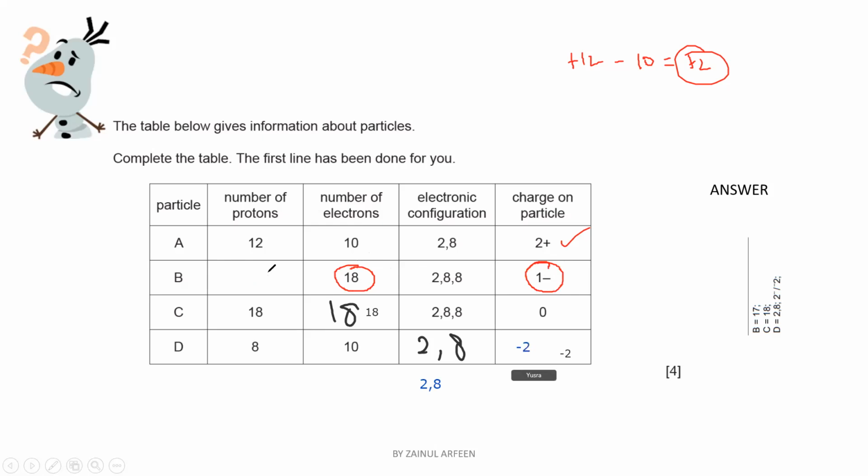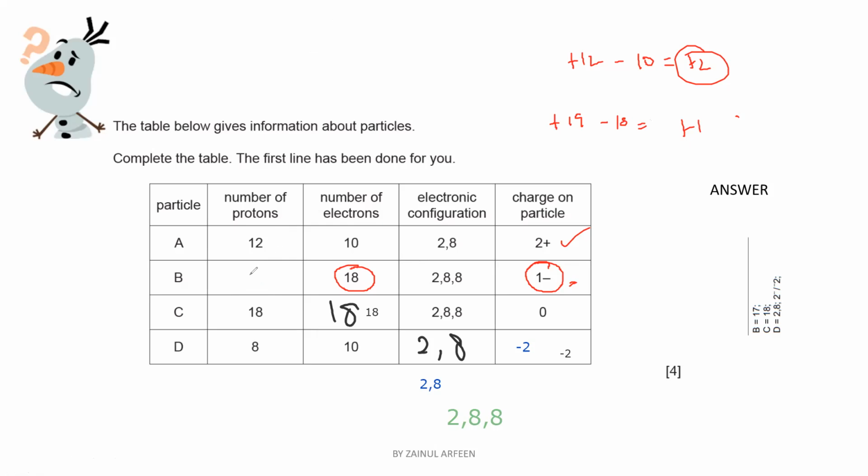So how many protons should be there in this box? The charge is -1, negative. So negative means electrons are more. It cannot be 19. Why can it not be 19? Because plus 19 and minus 18 will give +1. But the charge is -1 here. So it cannot be 19.